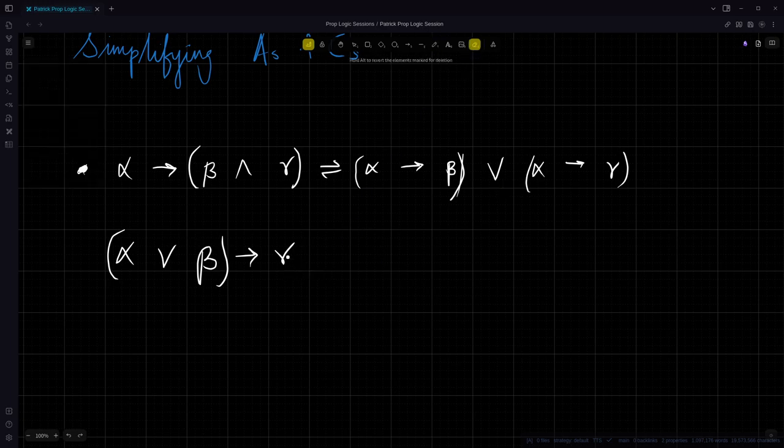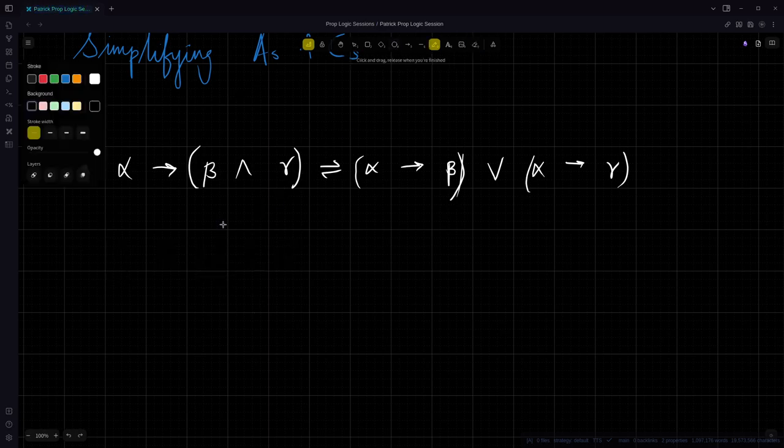We had the two premises, alpha implies beta and alpha implies gamma. I didn't do an addition. I just said that this entails this. It could entail this or it could entail that. That's just what this means.